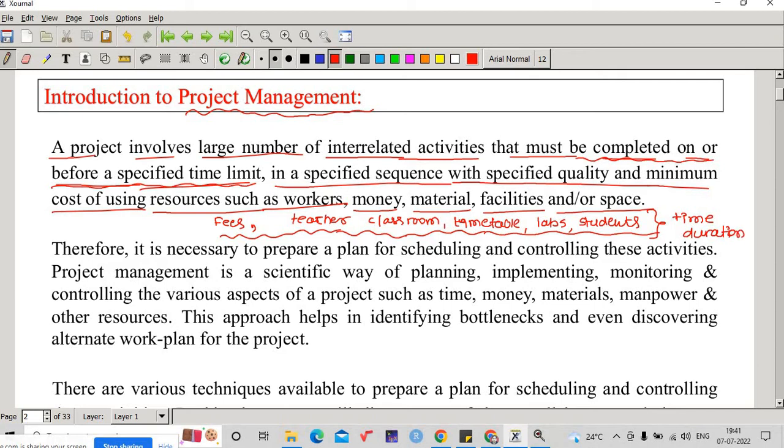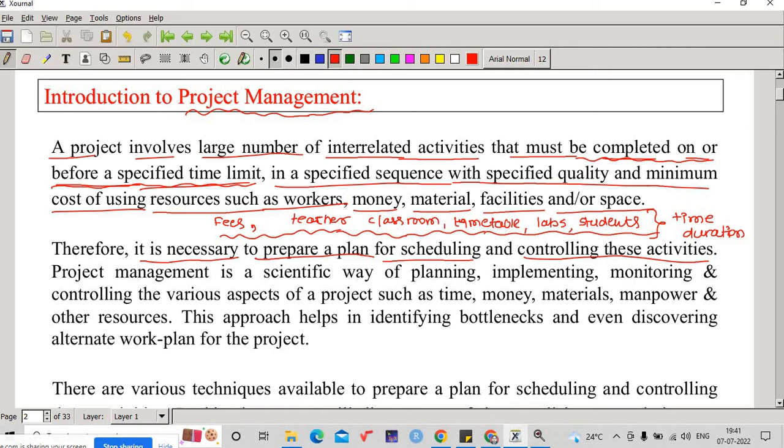Operation research must be completed within a specified time duration to conduct the exam and hence to give you the grades. So that's nothing but project management. Therefore, you can understand it is necessary to prepare a plan for scheduling and controlling these activities. Besides that, it will not be very smoothly possible to conduct any kind of project.